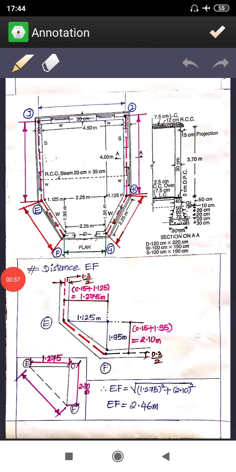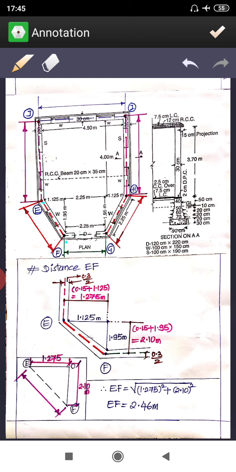It is very important to understand the concept of long wall short wall. Now you can see the center line diagram, the center line plan. To make it easier to understand, I have given names to the central points.